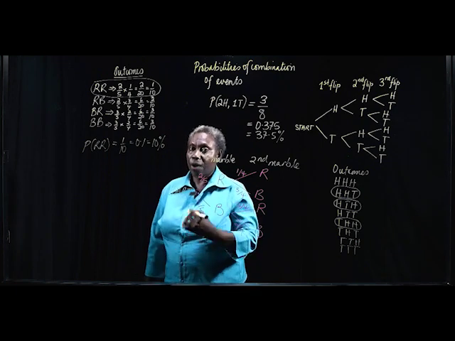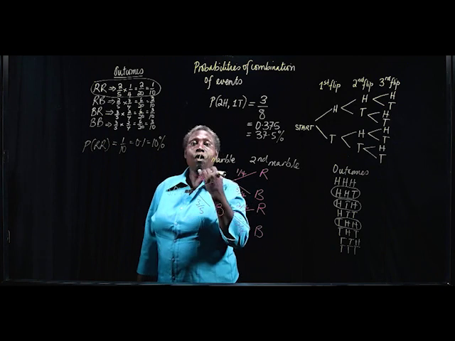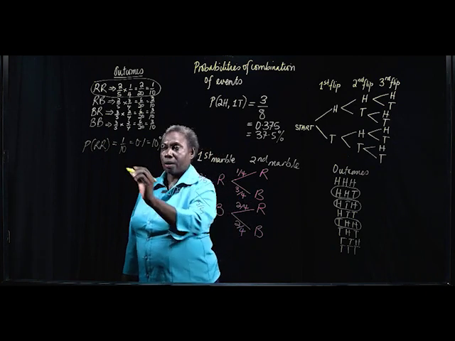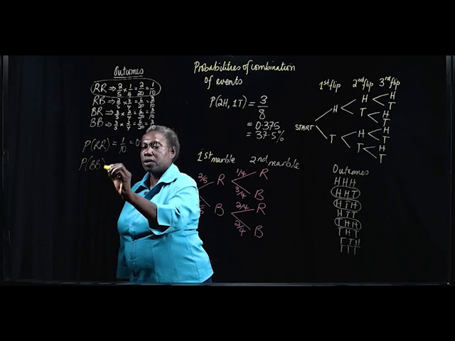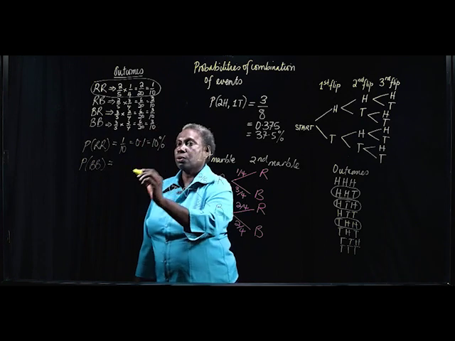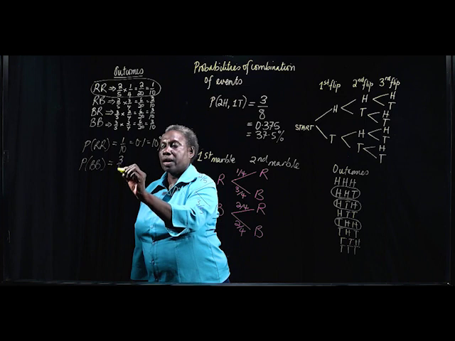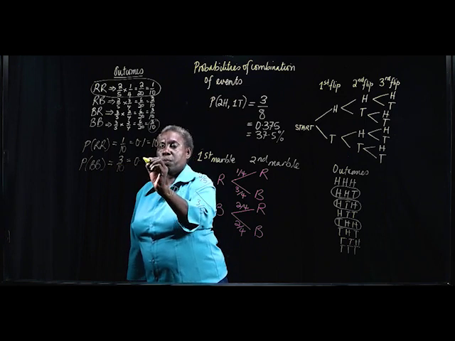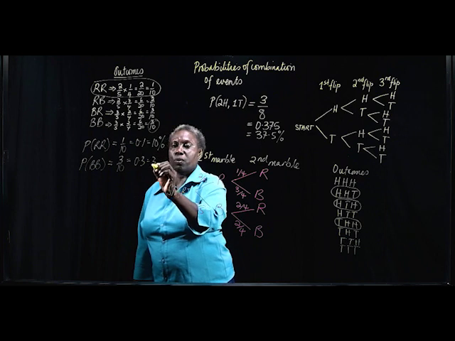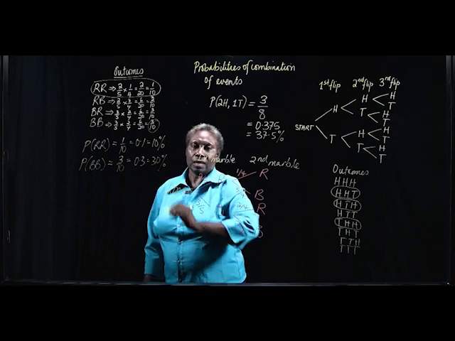If I am to find the probability of selecting 2 blue marbles, the probability of 2 blue marbles is equal to 3/10, which is 0.3, and that is equal to 30%.